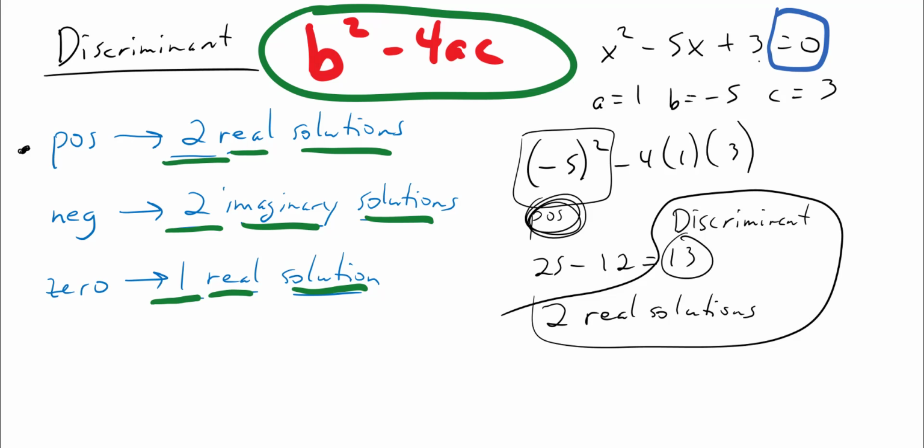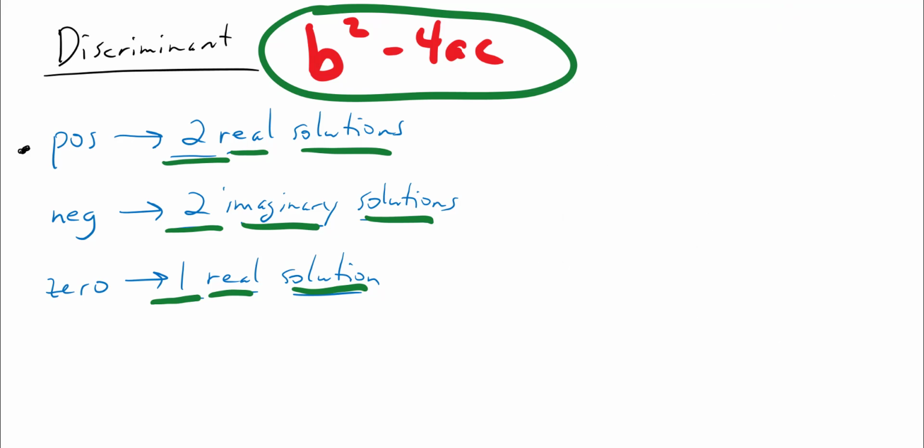Let me delete some of this stuff here. Okay, let's try this one. We'll do x squared minus 3x is equal to negative 6. What's the first thing you're going to do, guys? Better add 6 to both sides.